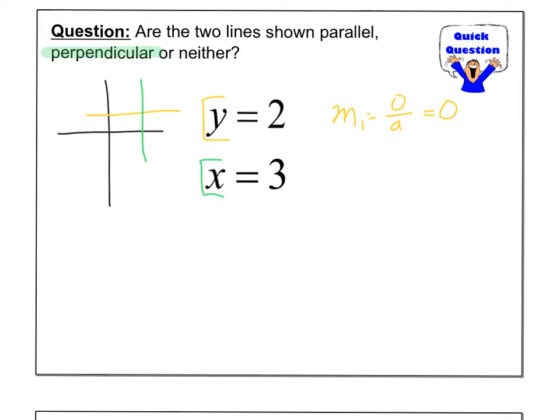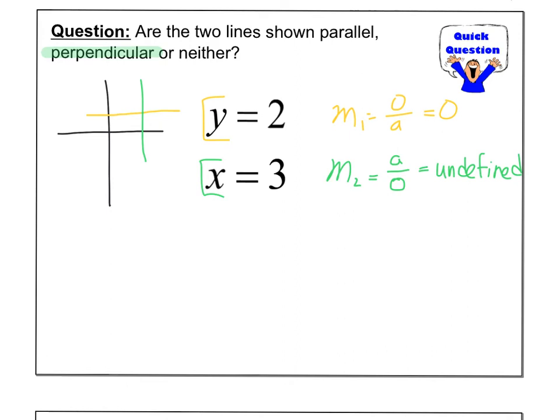If we look at the slope of our second equation, so m2, well, our rise is sort of some variable over 0. But because we can't have 0 as the denominator, we say that this is undefined. So our first slope is 0, and our slope of our second equation is undefined.